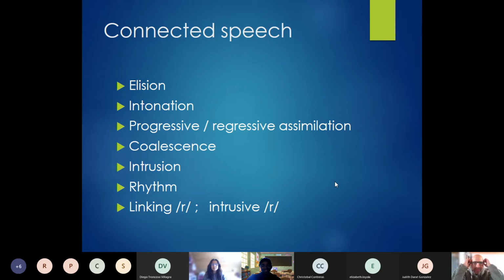I always thought, why do they call these linking wu and linking ye if the wu and ye are not there? They are just intruding, just popping up to link. I mean, functioning the same as R. I leave it there for you to think and ponder. Why should we have linking wu and linking ye?